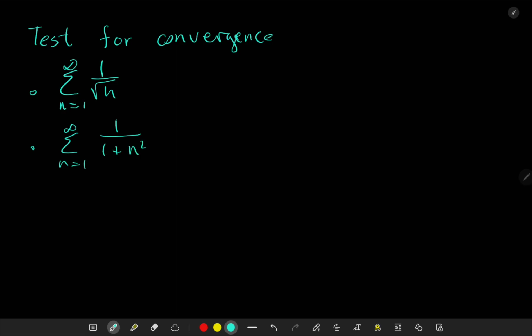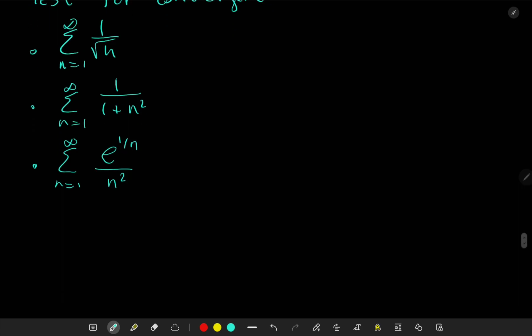For example, we will do the sum from n equals 1 to infinity of n over e to the n squared. And if you're in my class, this one will ring a bell because I just did the integral for that one in our review session for today. So we'll talk about that.